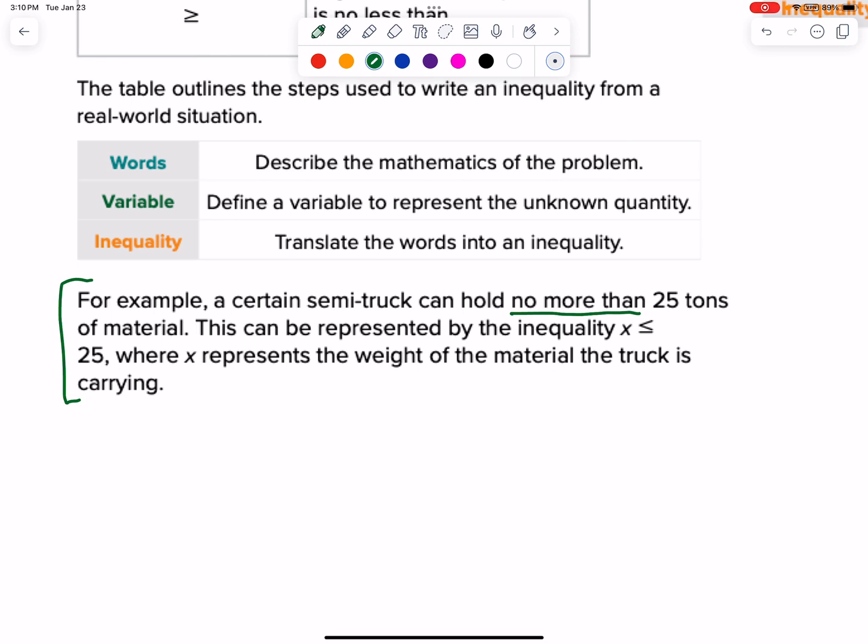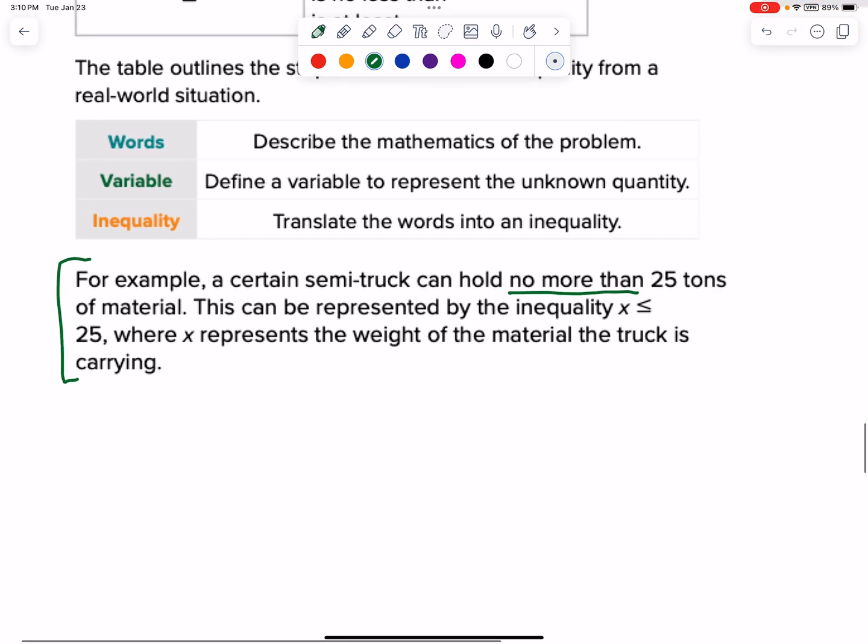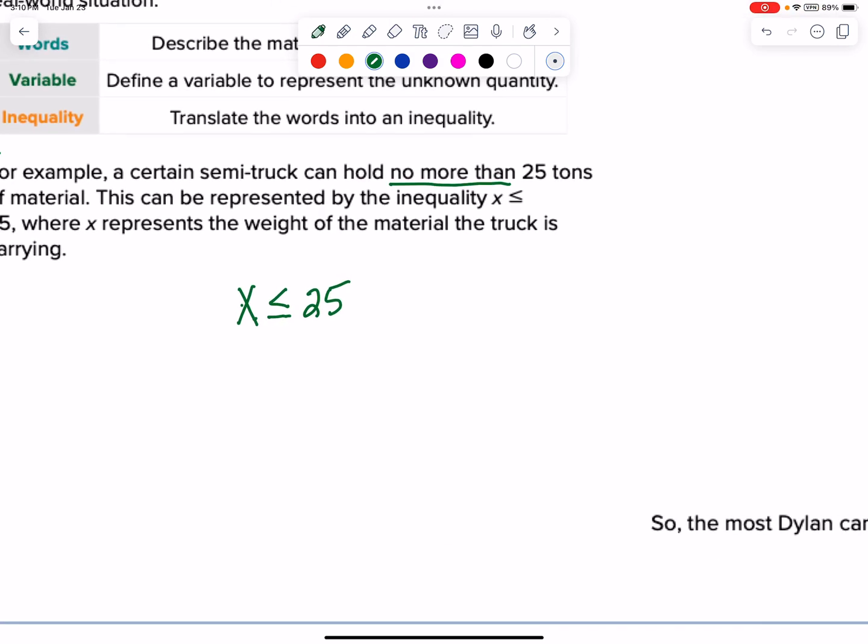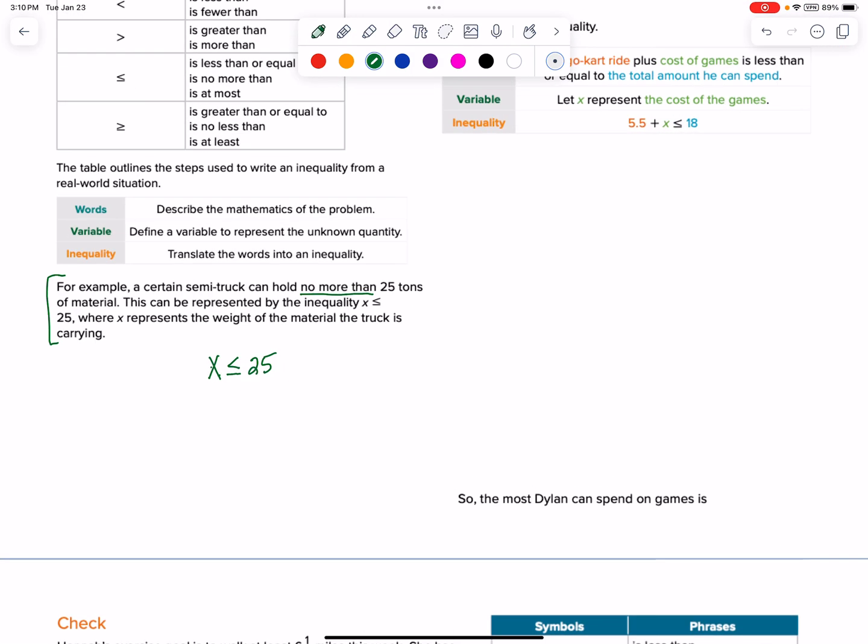So then ask yourself the question, can I hold 25? Yeah, you just can't hold more than 25. And so we end up with this inequality. And they tell you right here that the truck can hold no more than, which means it has to be less than, but it can be equal to 25 tons. Okay, so this is a truck holding no more than 25, and that's how that would look.